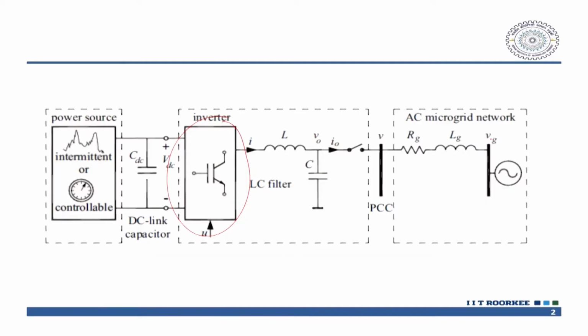This topology can also act as a shunt active power filter at the point of common coupling. The filter is required to be on the higher side when actively used as an active power filter, and it can be coupled with distributed generation like solar and other entities.